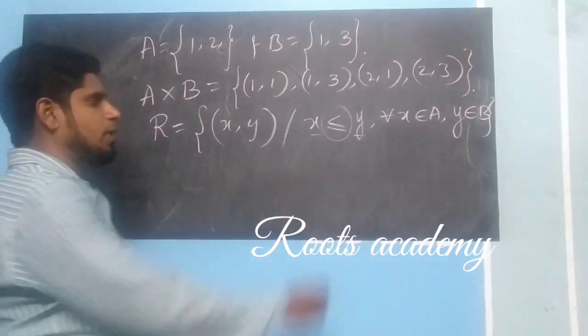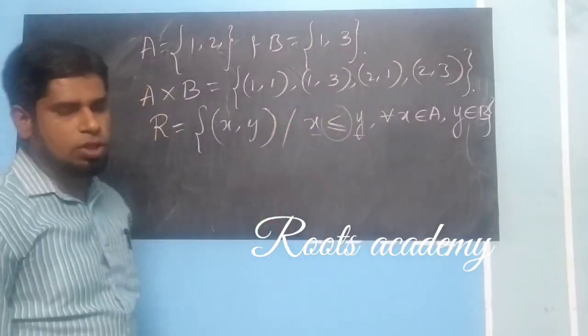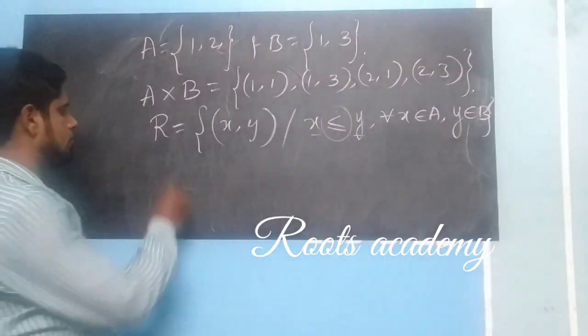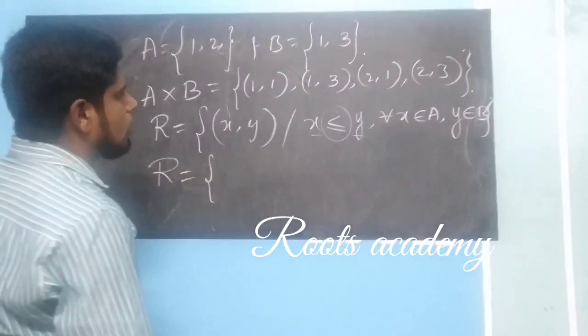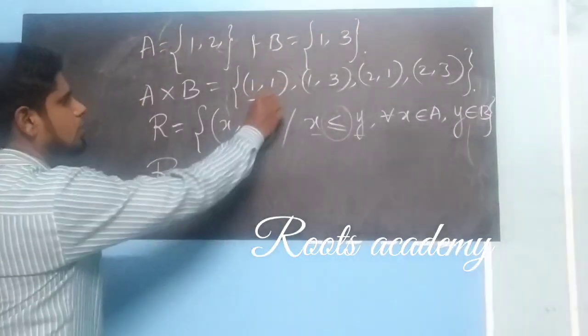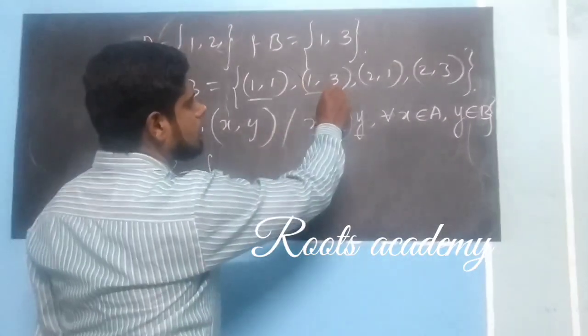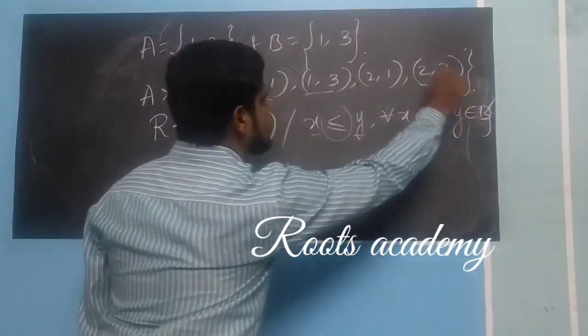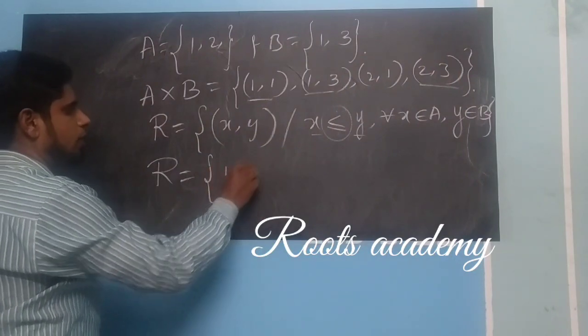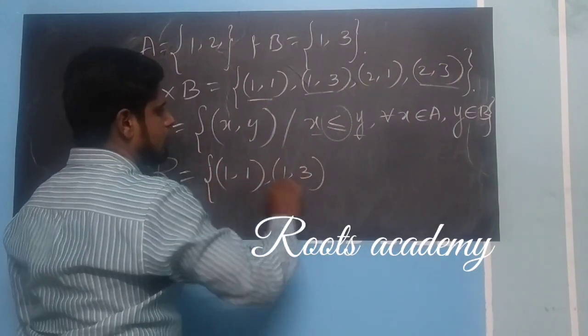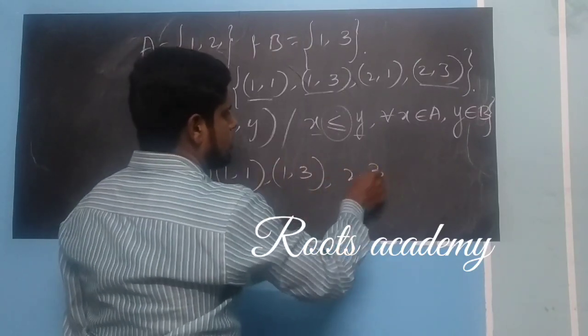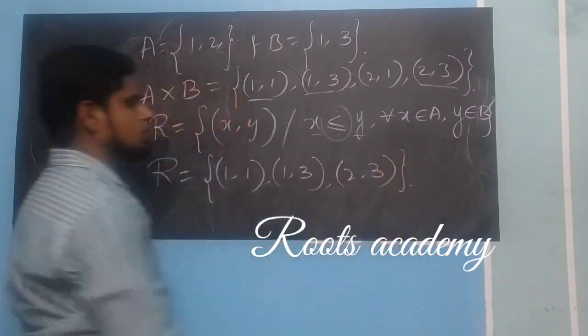It means it can be less as well as equal. Both ways we can accept here. So we accept both cases. According to that, we can accept these three. So in our relation, the elements are (1,1), (1,3) and (2,3).